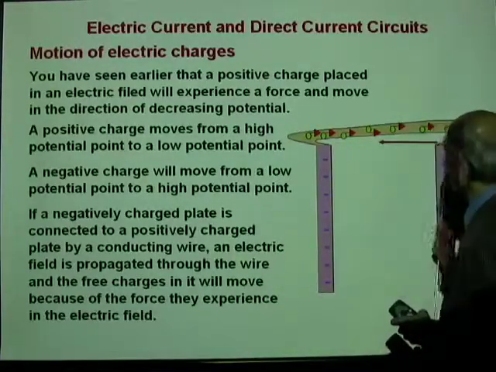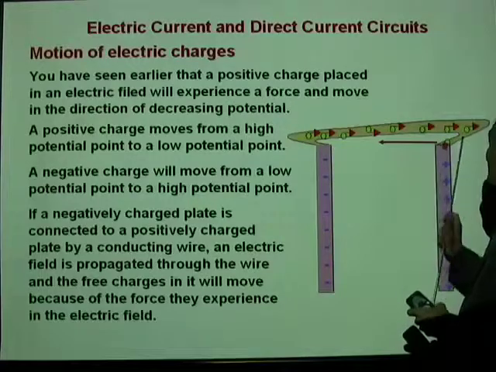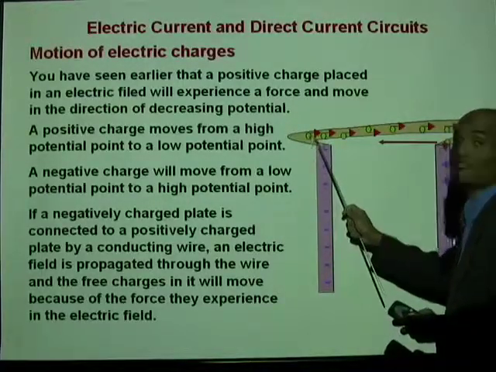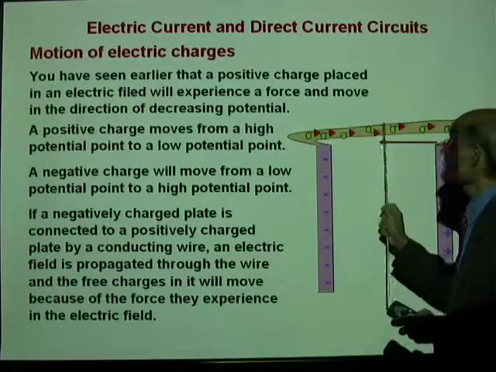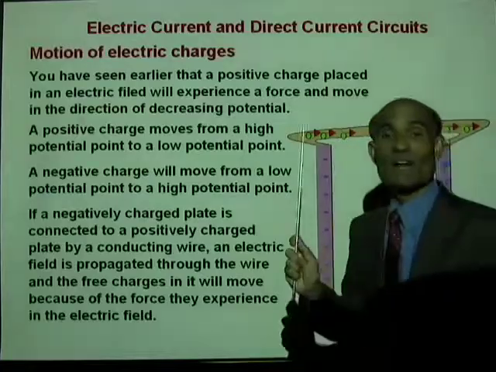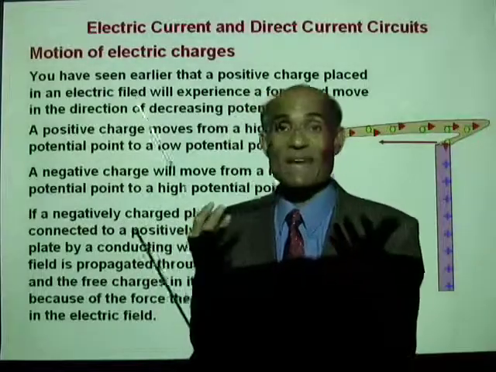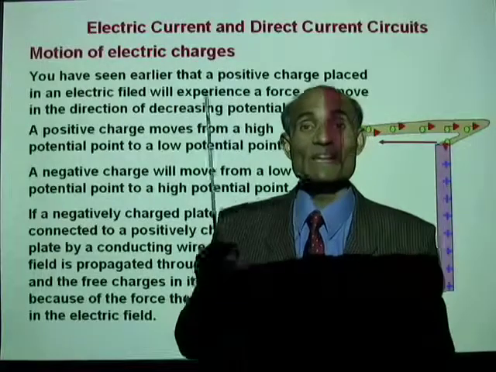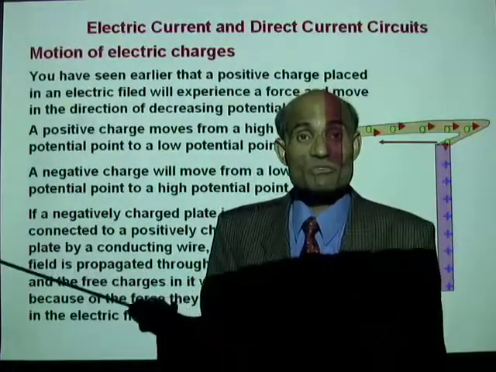Is that right? The electric field is propagated from the positive to the negative. That means the negative charges in this conductor will drift in the opposite direction. And the drift of electrons caused by the electric field is what we call an electric current.